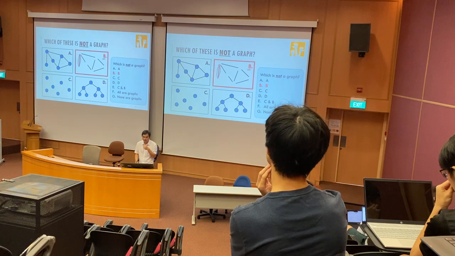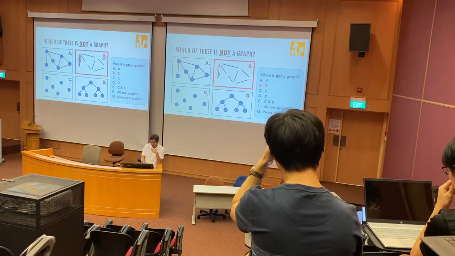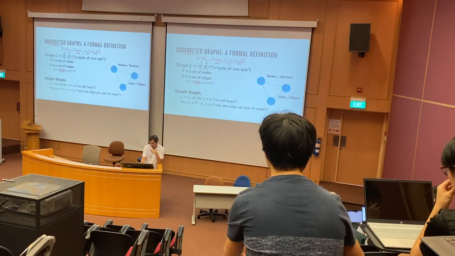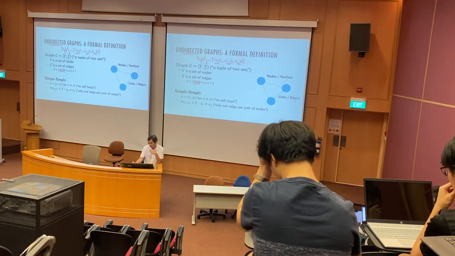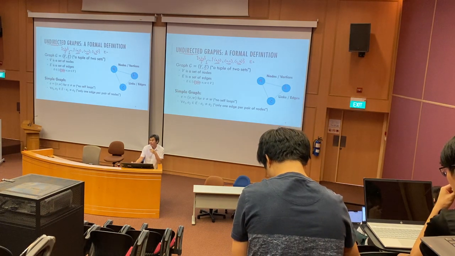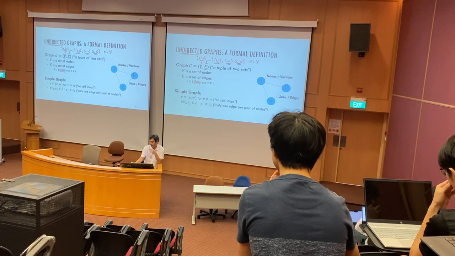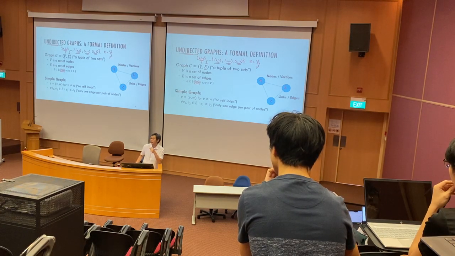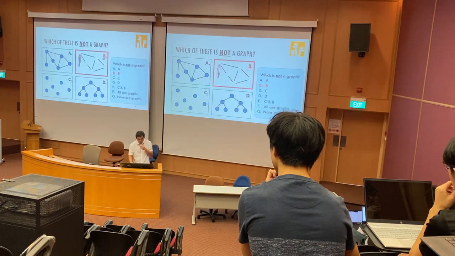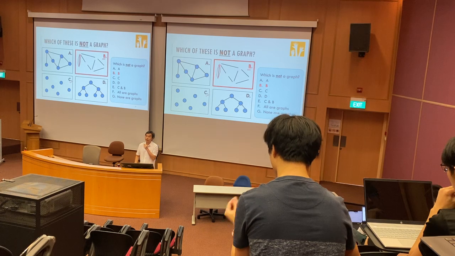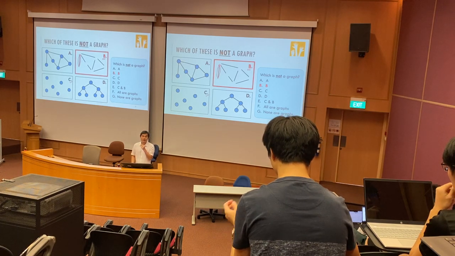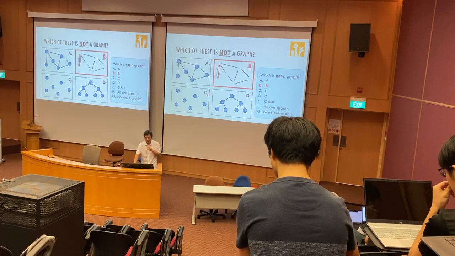So that's what's wrong with B. C is okay, because you can define a set of nodes, and E can be the empty set. So C is fine, and D is a tree, and we'll learn later that trees are graphs. There's a different way to define trees in terms of graphs.